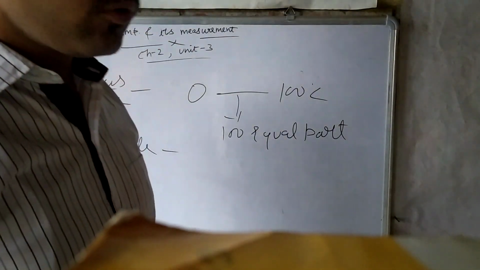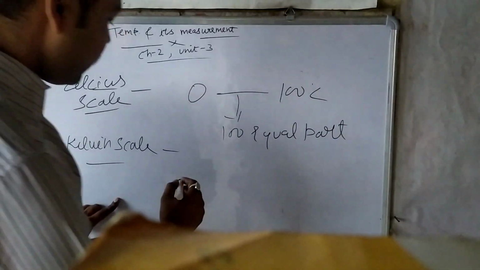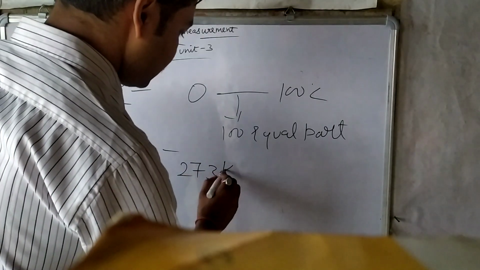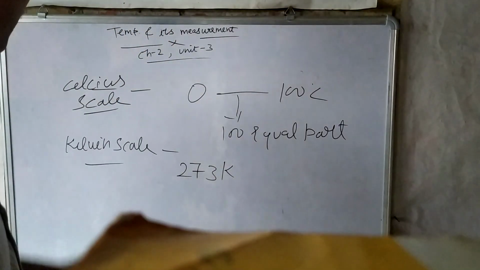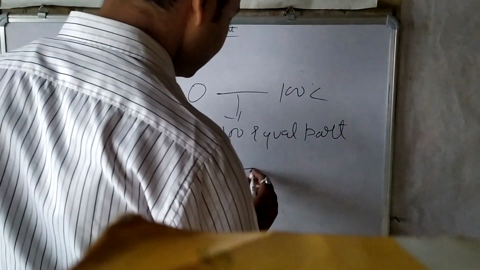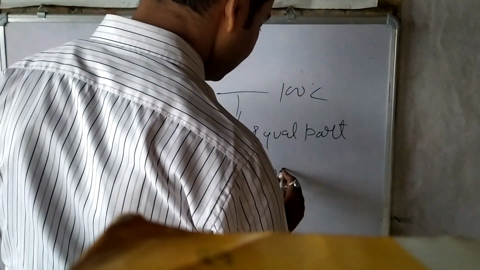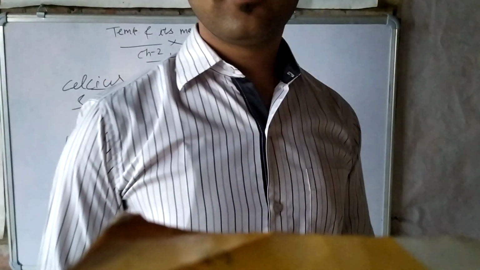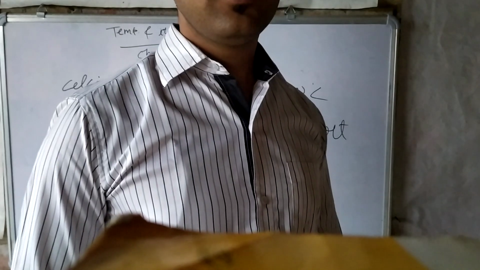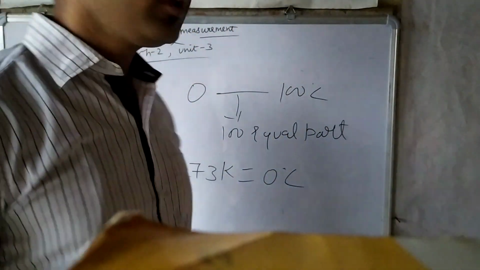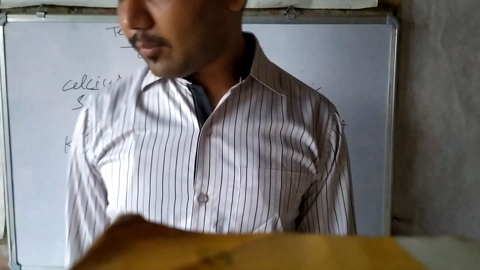What is absolute zero? Absolute zero means 273 Kelvin temperature in the Kelvin scale, which is equal to 0 degree Celsius in the Celsius scale. This type of temperature is known as absolute Kelvin. Understand?